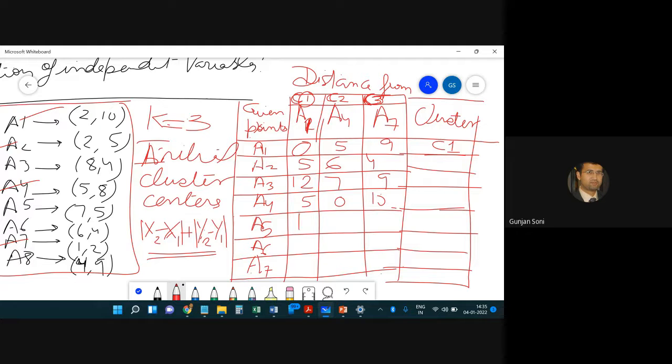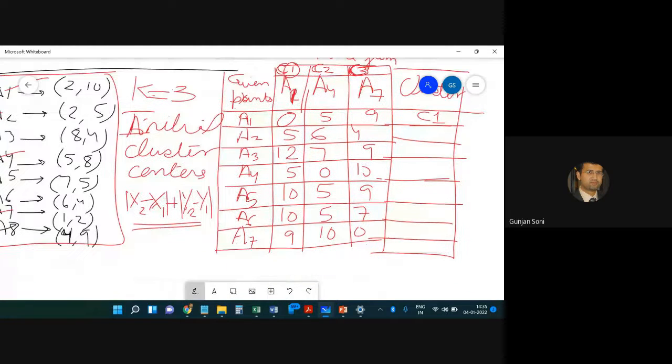And then you have 10, 5, and 9. And this is 10, 5, and 7. And A7 is 9, 10, and 0. And if you go a bit below, A8 also we need to make. A8 will be 3, 2, and 10.